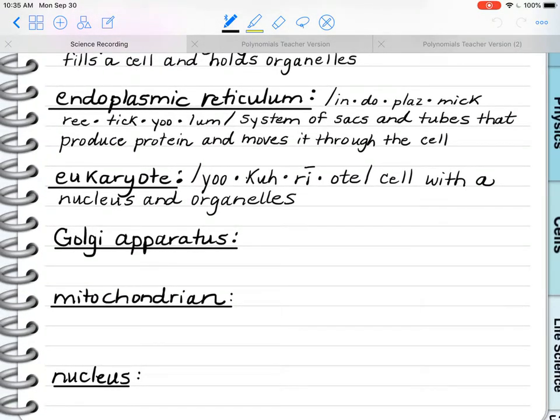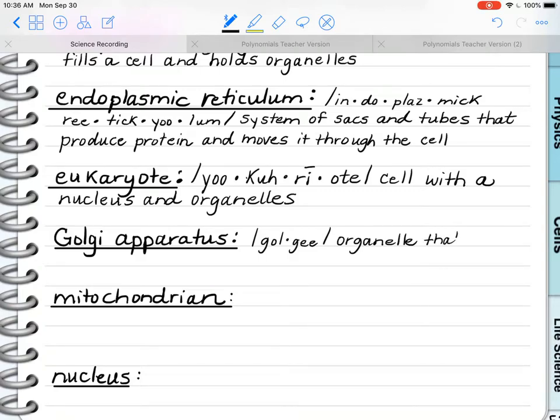So what is the Golgi apparatus? That sounds incredibly complicated. It is Golgi, the Golgi apparatus. This is an organelle. It's one of those little structures in the cell whose job is to package.